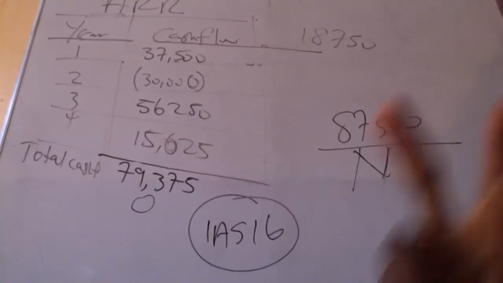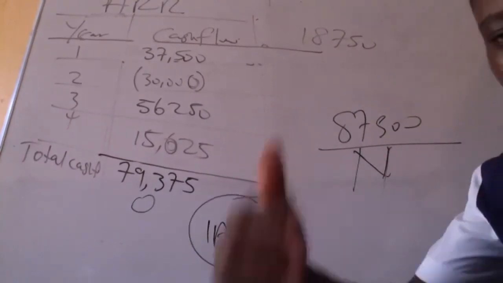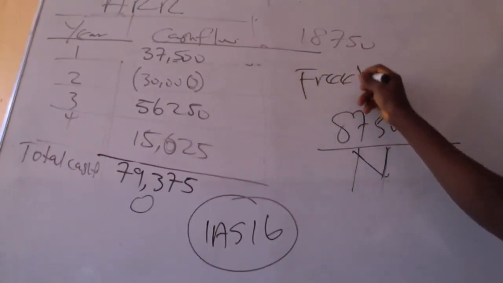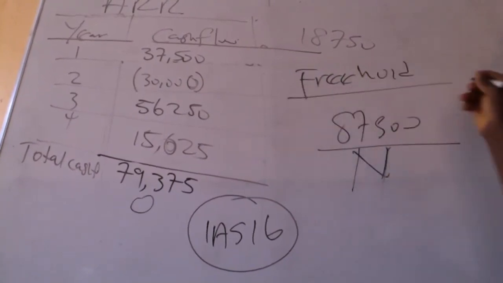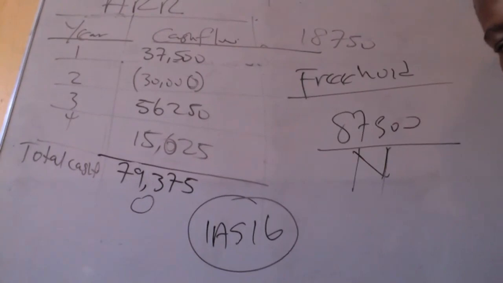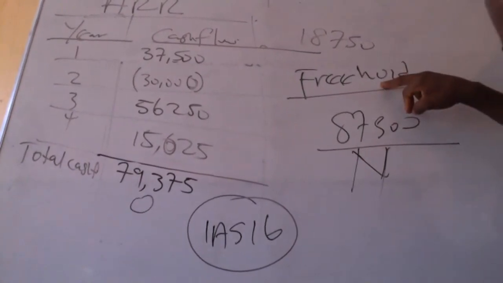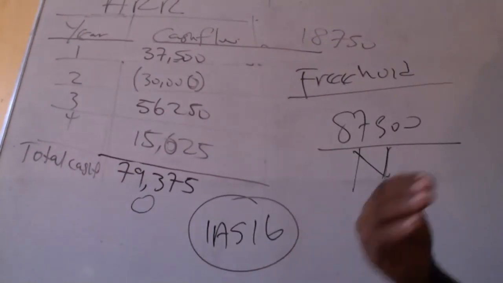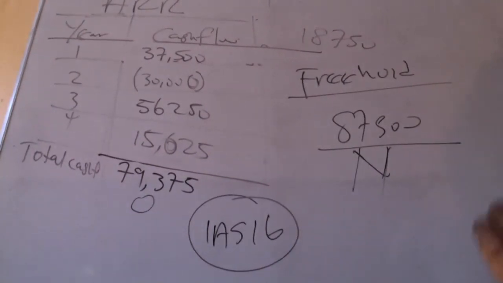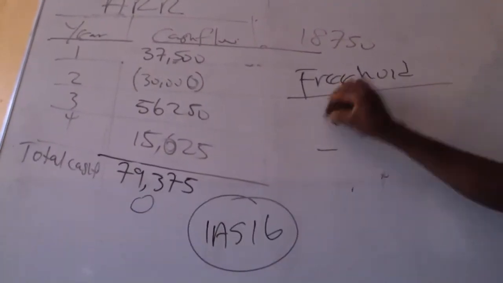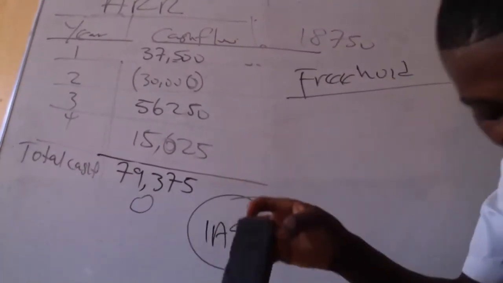There are two types of land. We have freehold land. The company's own purchased land. If you buy land, the land is for you. It's called freehold land. But if you rent the land to do something on it for some time, that's leasehold.